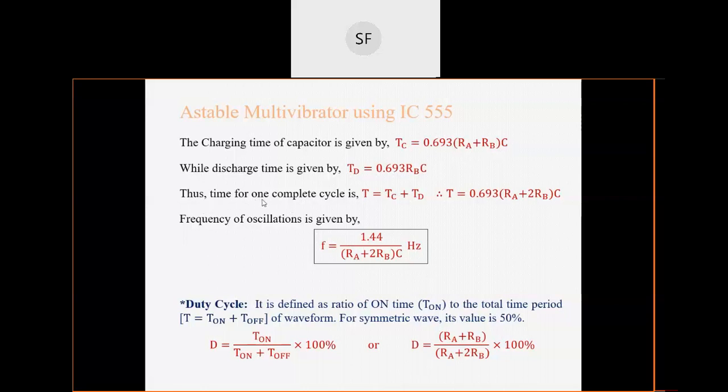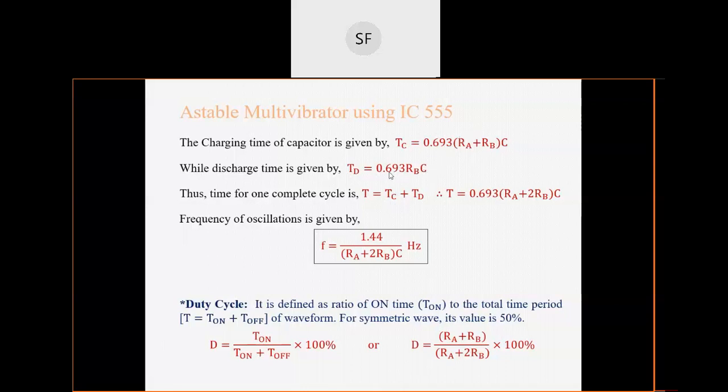Thus the complete time for one complete cycle is capital T. It is equal to charging time plus discharging time. Okay, charging plus discharging will form one complete period of your cycle, and then this cycle will go on repeating itself. So the time period is capital T, equal to TC plus TD. So we have just done the addition, right?